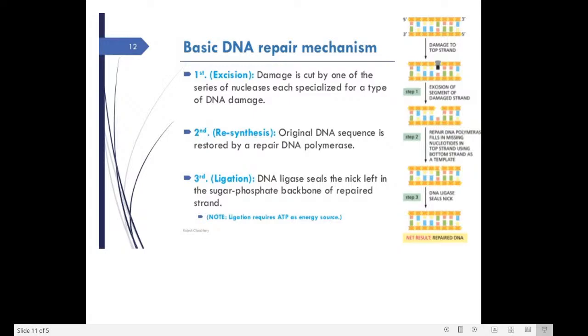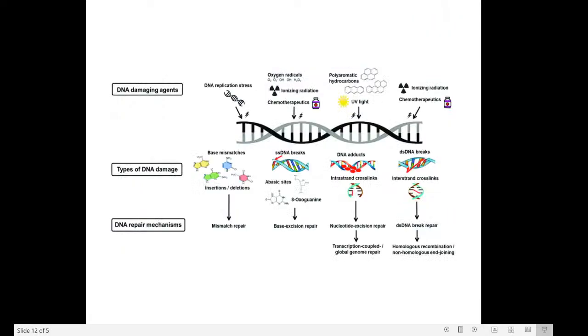This is the second step. Another one, after the repair and nucleotide formation, is ligation. DNA ligase seals the nick left in the sugar backbone of the repaired DNA strand. These are the three different steps: excision, resynthesis and ligation.